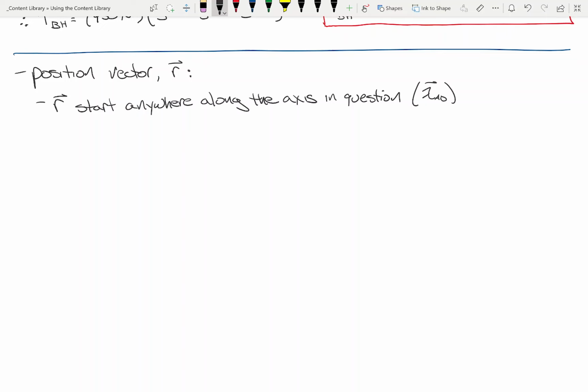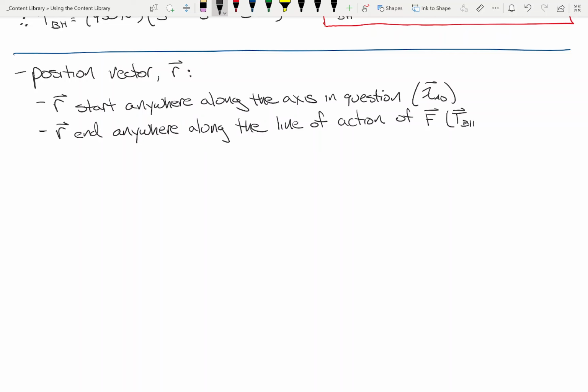And it's also going to end anywhere along the line of action of the force, in this case, TBH.